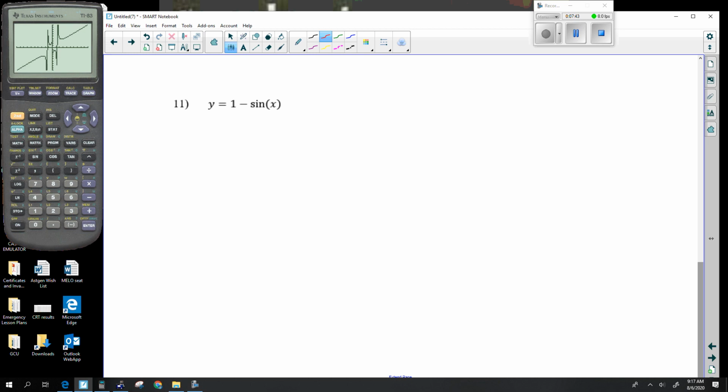And 1 minus sine. So again, I'm thinking of it like this. So this will be up 1, so it's going to start in the middle, end in the middle, middle is the middle, and then it usually goes up, down. This is going to go down, up.